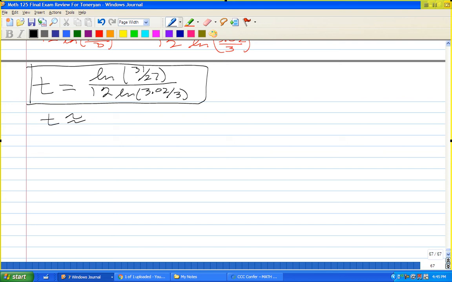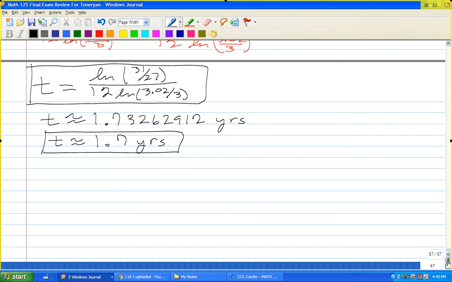And so I get 1.73262912 years, rounding to the nearest tenth. T is approximately 1.7 years. And so that's my approximate answer.